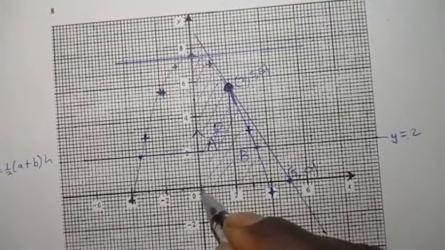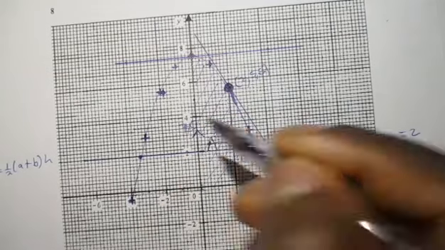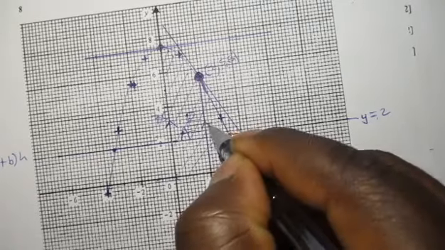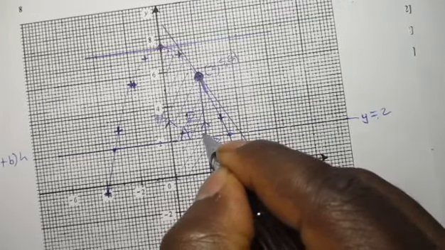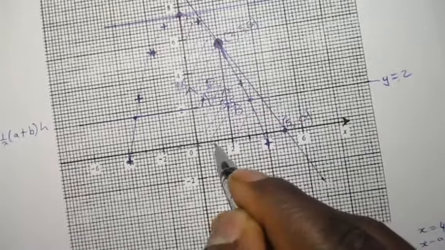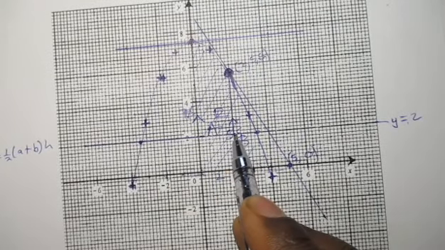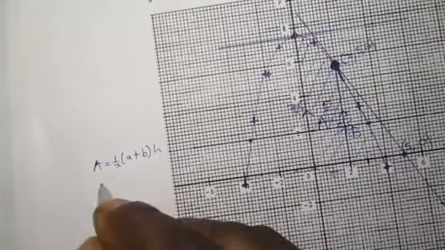So from this 0 up to this peak point, you have 7,5. I hope you are following. Then from this point up to this point, you have 5,5. So this is 5,5. Then from 0 to 2, you have 2. So 7,5 and 5,5 represent a and b, and this 2 is going to represent your height.